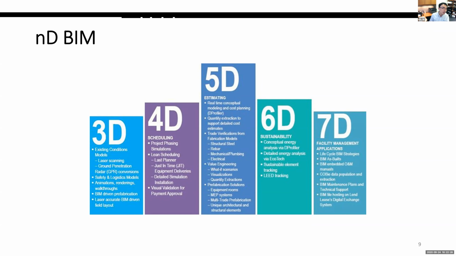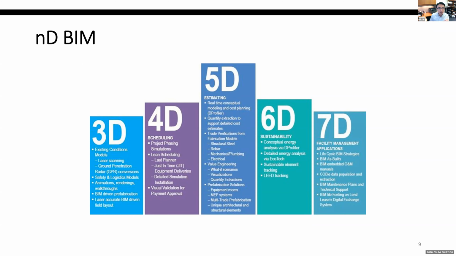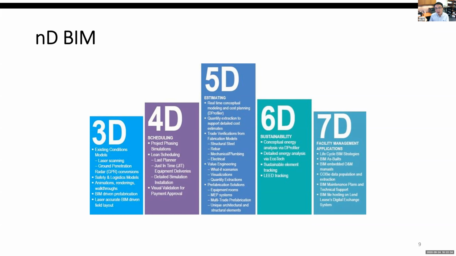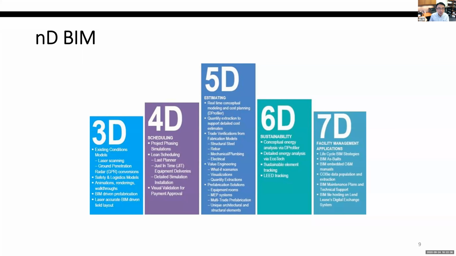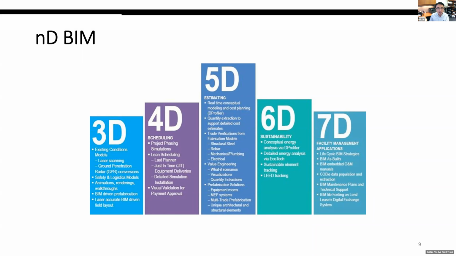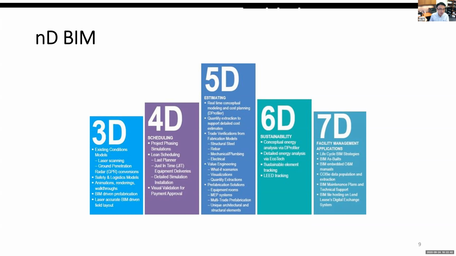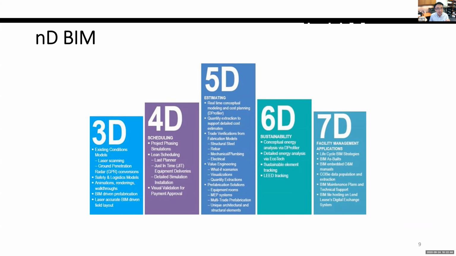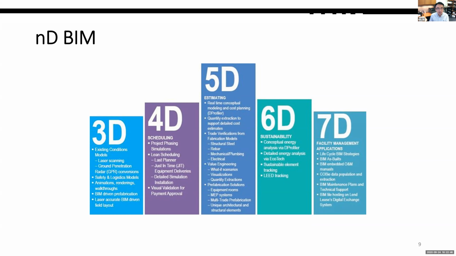And if this is a window or door, it probably will be related to their insulation rate, Energy Star score. You know, those things that directly contribute to the sustainability evaluation or sustainability performance of the building. If your BIM model has such information, we call it 6D BIM.